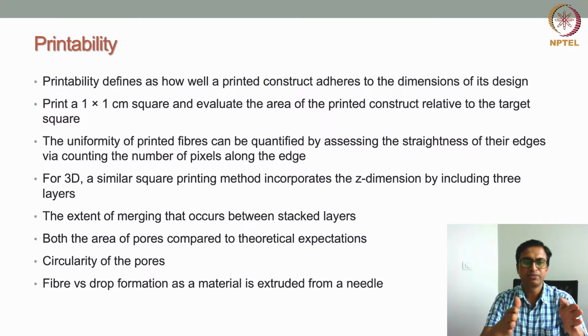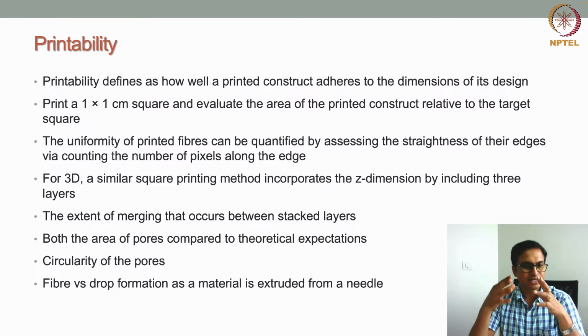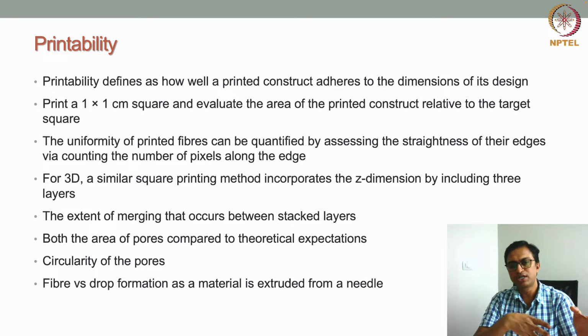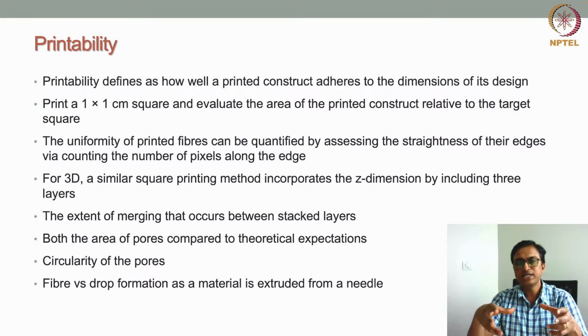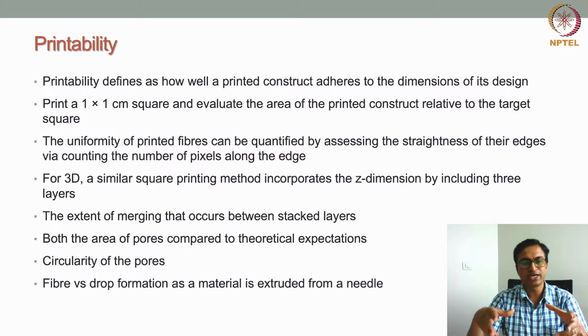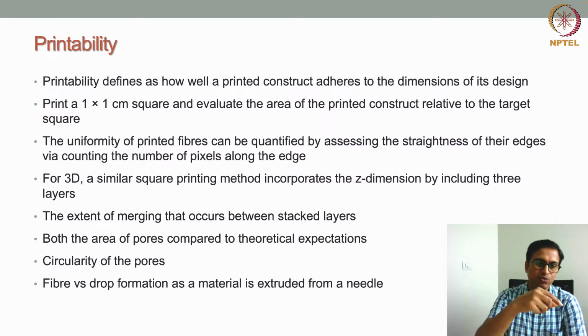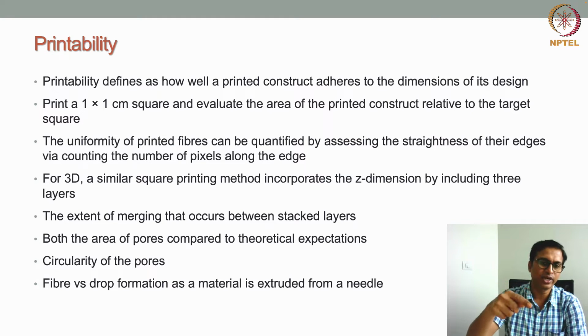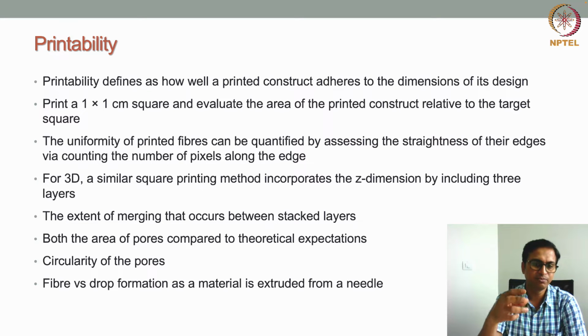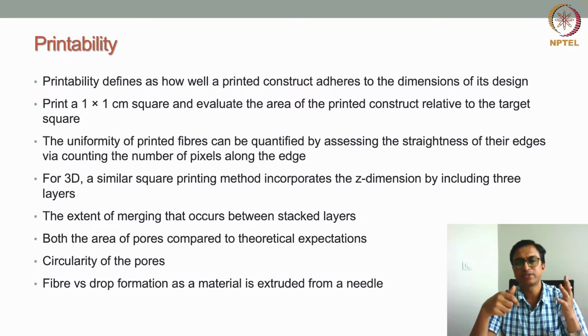Now when somebody prints a 1 by 1 centimeter square and evaluates the area of the printed construct in relation to the CAD model, they can evaluate the size of that square in the printed substrate and in the CAD model.